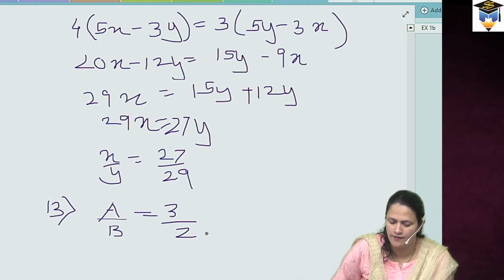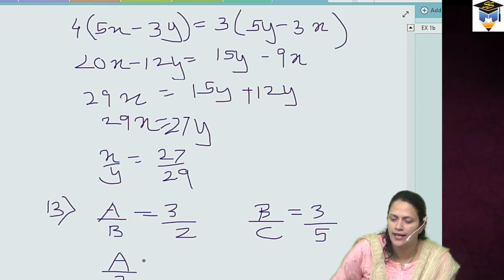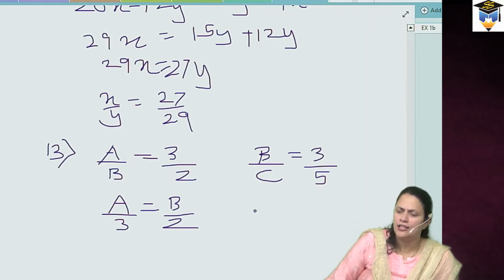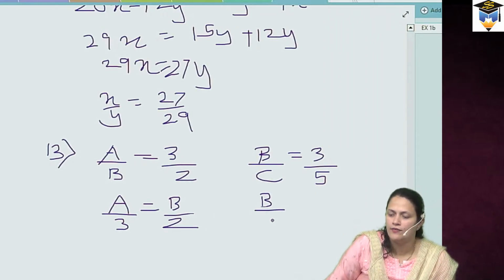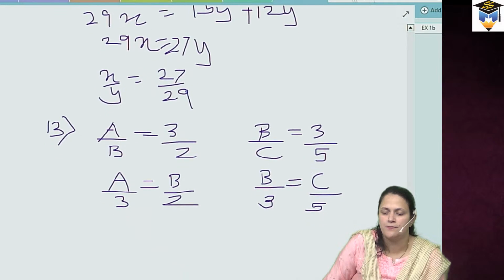B upon C is equal to 3 by 5, this is also given. So now I am going to apply alternando and write this like this. By alternando, similarly here, by alternando, applying alternando property on both sides.